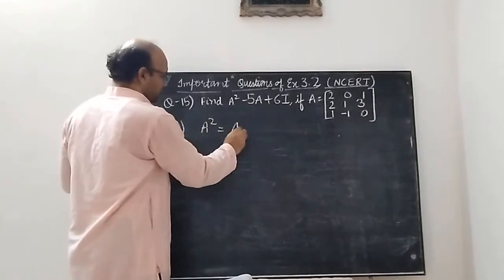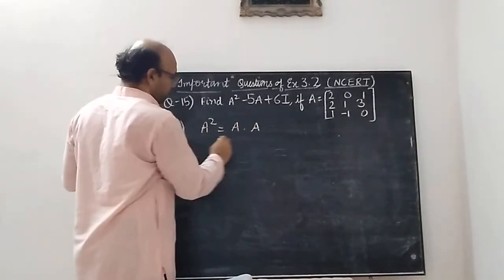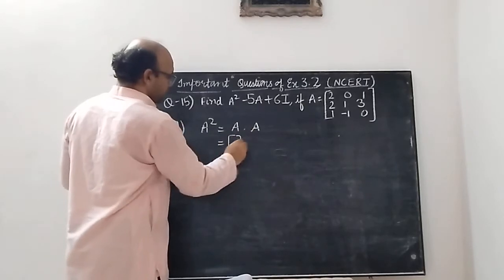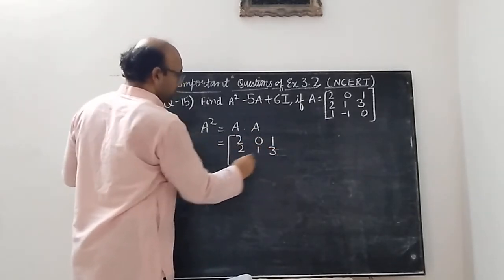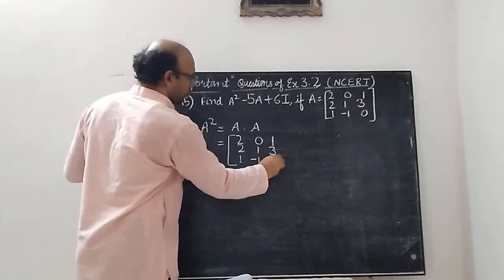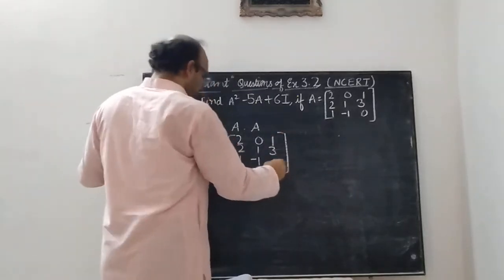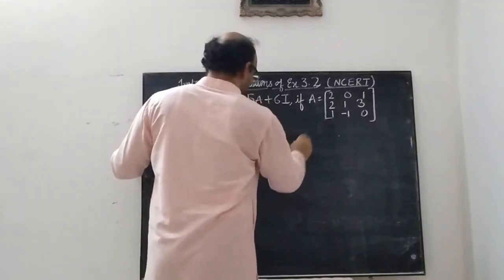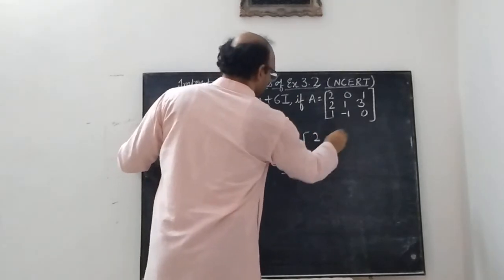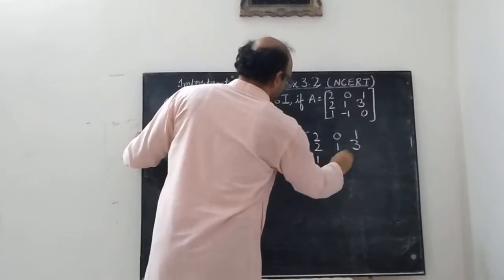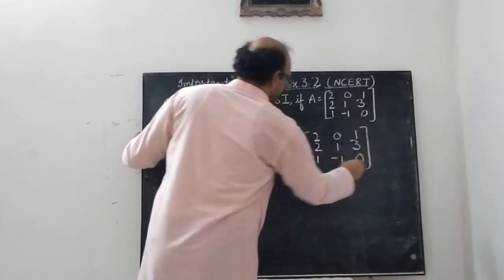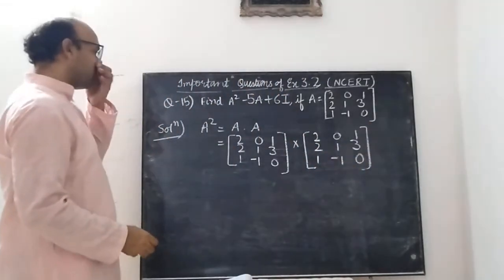A squared is nothing else but A into A. So we have [2 0 1; 2 1 3; 1 -1 0], and then you have multiplied by [2 0 1; 2 1 3; 1 -1 0]. So this is what you will be getting.